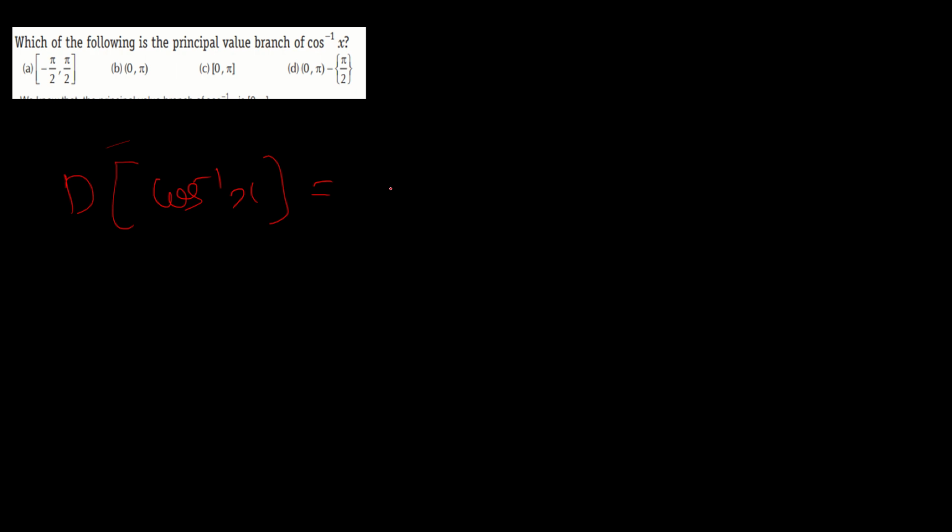Okay, domain of cos inverse x. What is domain of cos inverse x? Closed interval minus 1 comma 1. So when we draw the graph, we mark minus 1 here and 1 here. In which particular angle of cos do we get minus 1? Cos pi, right? Cos 180, that is 180 degree, right?